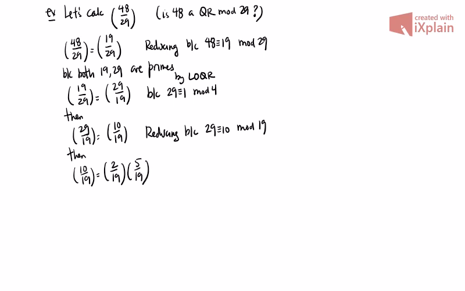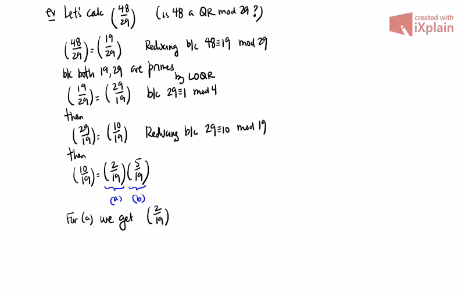So now what we'll do is we'll do them independently. All right, we'll look at these separately. So let's call this A. I'll call this B. Because for A, we can use the 2 rule. So we get 2 over 19. So remember what the 2 rule says.